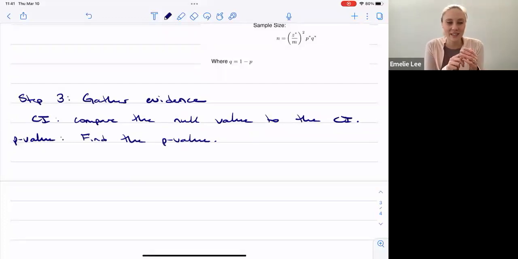Easier said than done. What the heck's a p-value, right? And so let's start there. All right.